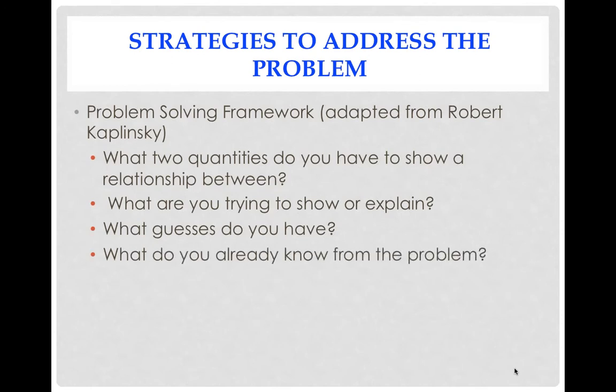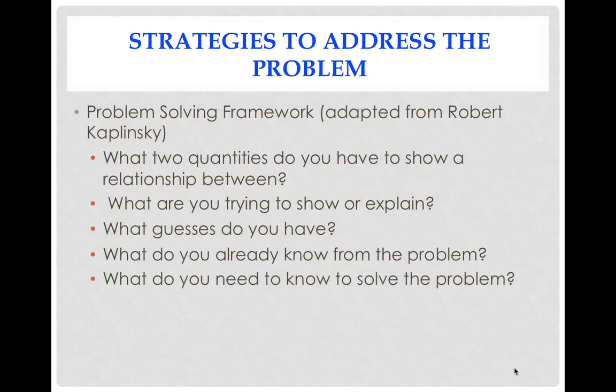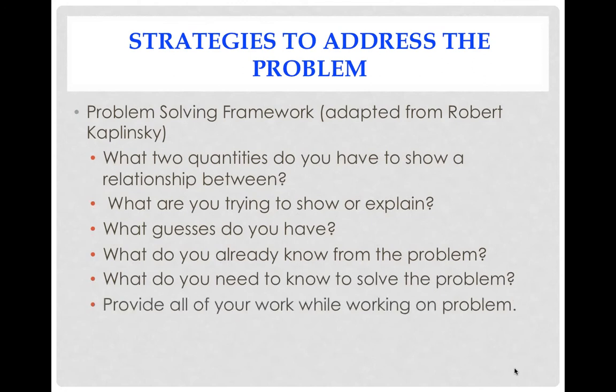Next is, what do you already know from the problem? This, of course, is specific things that the student will write out or pull out of the problem to help them solve that problem. Next, what do you need to know to solve the problem? Next, of course, is provide all of your work while working on a problem.